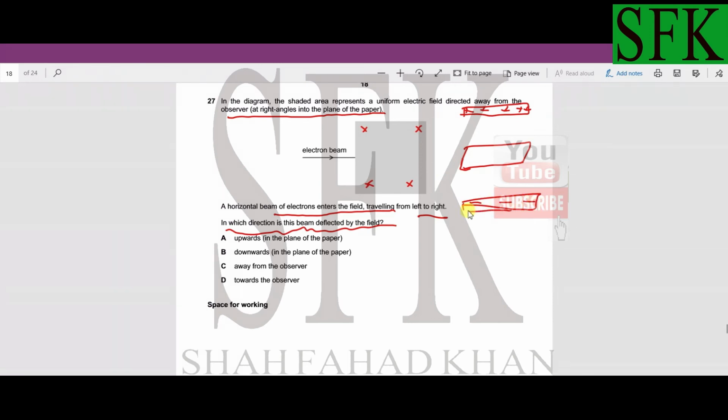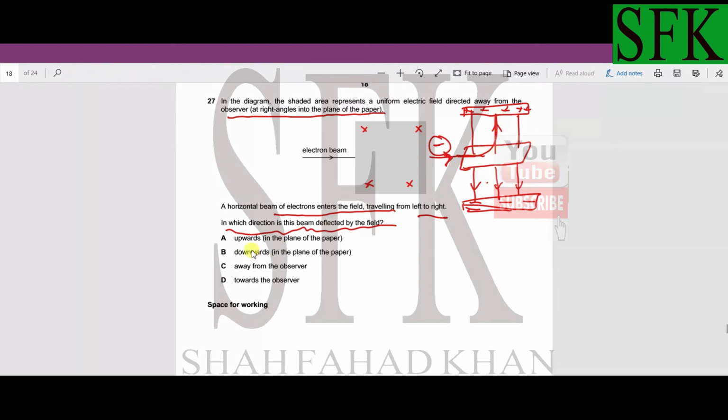Only then will this field go away from within the page, and this is how it will point. Now if an electron beam comes over here, it's negatively charged, so it will get attracted towards the positively charged plate, and it will go out of the plane of the paper towards this positively charged plate.